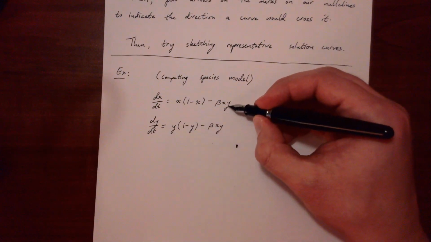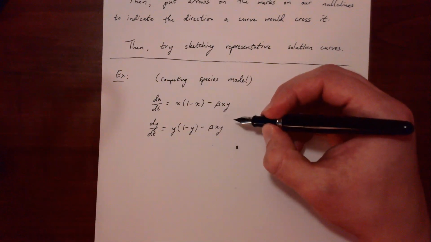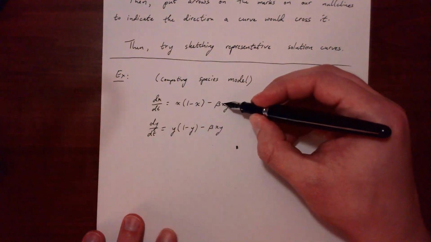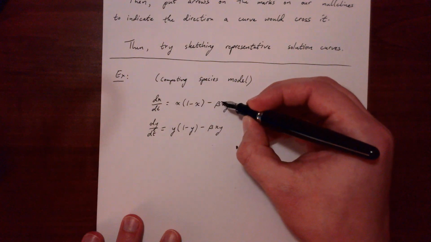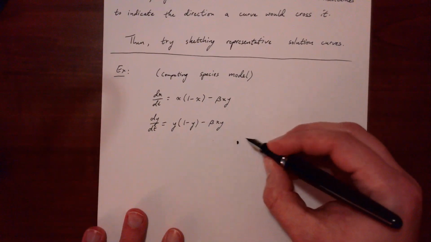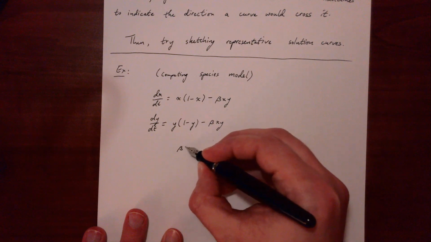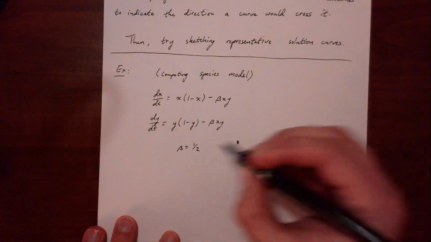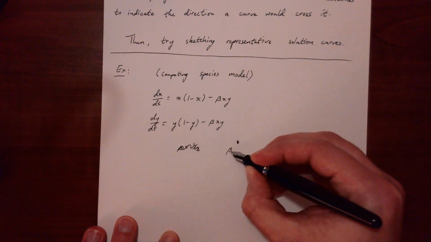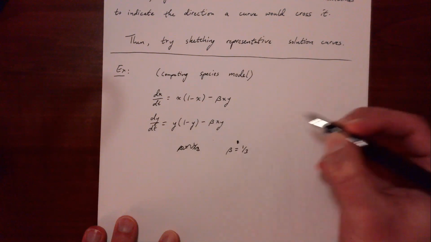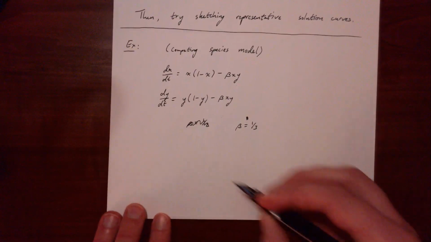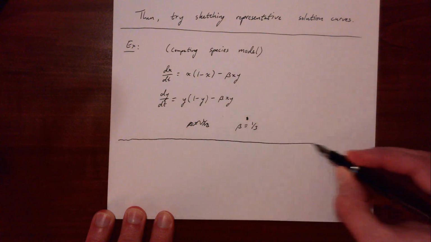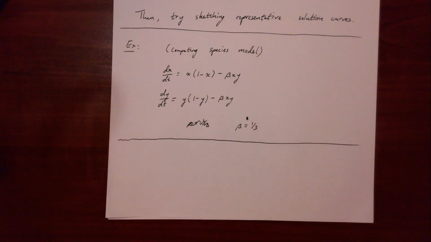Then what these two terms over here represent are the effect of the interaction between the two species, and the higher the value of beta, the more strongly the species interact. So let's just say beta equals 1/2. Or actually, sorry, say beta equals 1/3. So this represents a situation where the two species interact weakly, not that strongly.